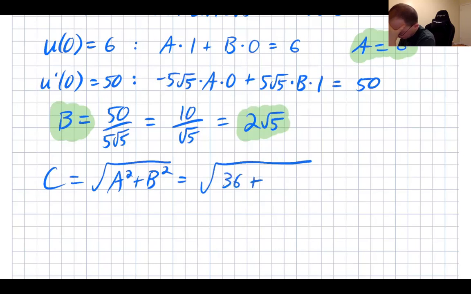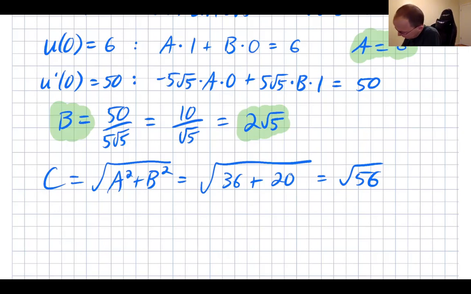36, and then b squared is going to be 4 times 5, which is 20. And so we'll get the square root of 56. And let's see, I can divide 56 by 4. That's 14.